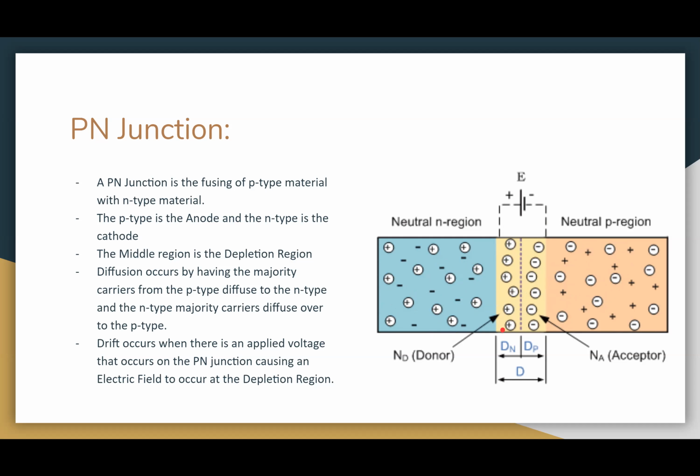We're looking at this without applying any voltage, so we consider this a non-biased p-n junction. So it's balanced out right now. But later on, you'll see that when you apply a voltage, either in forward bias or reverse bias, you'll see how this p-n junction will react. Either the depletion region will increase or it will decrease depending on the type of biasing you apply.